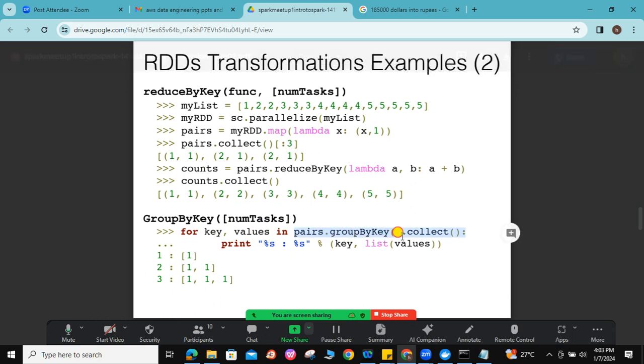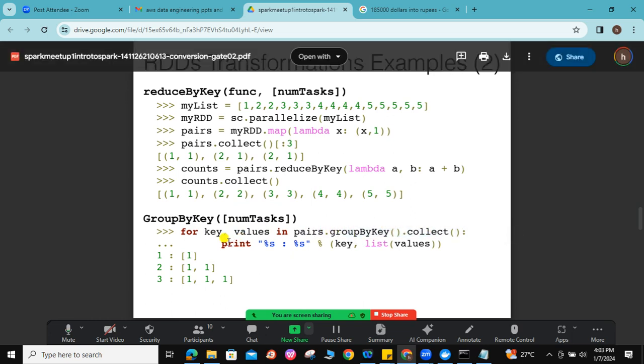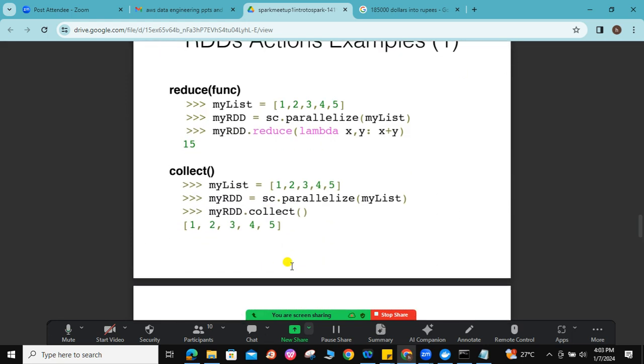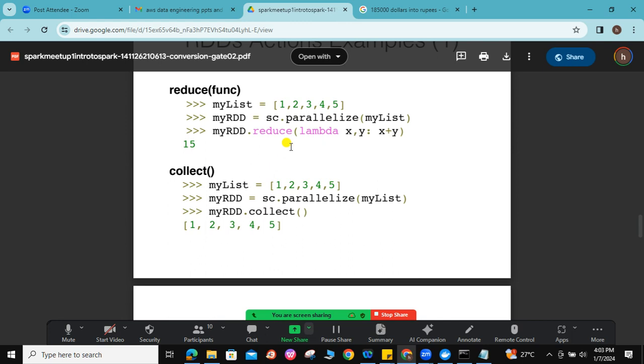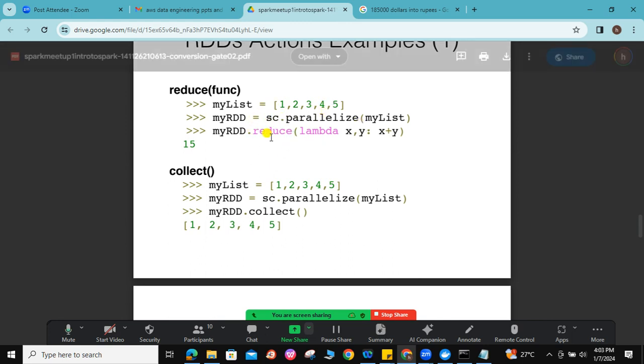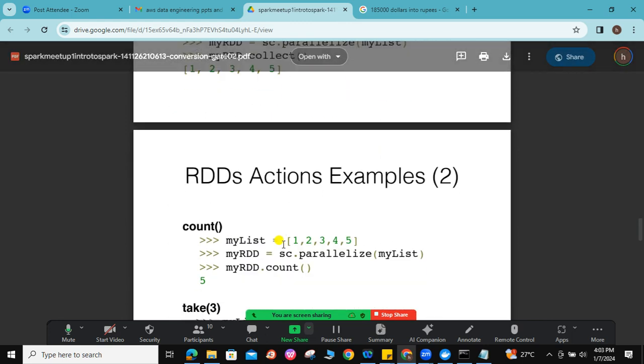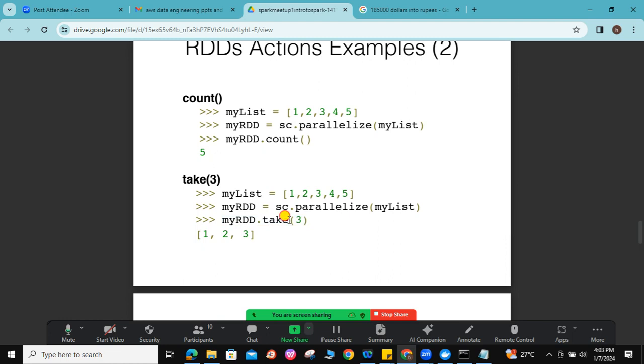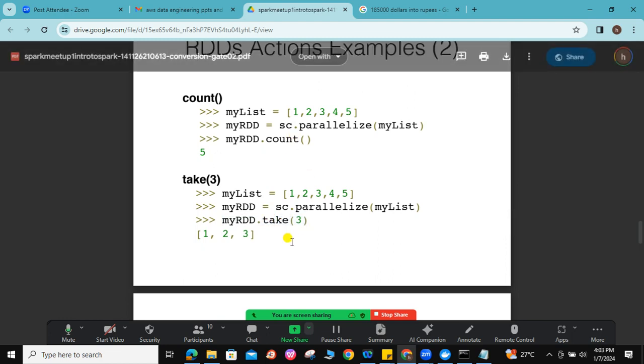Just group by values collect is a part of Spark functions. You know for, you know in, you know print, everything. So list is there, parallelize is there, lambda is there. Actions, you know count is an action, take is an action. You can try by yourself what is the difference between count, take and all.